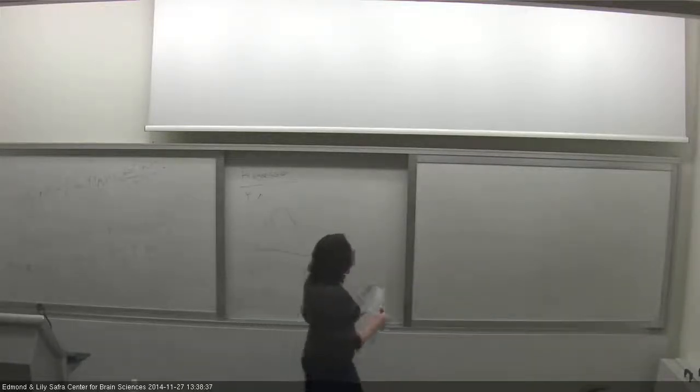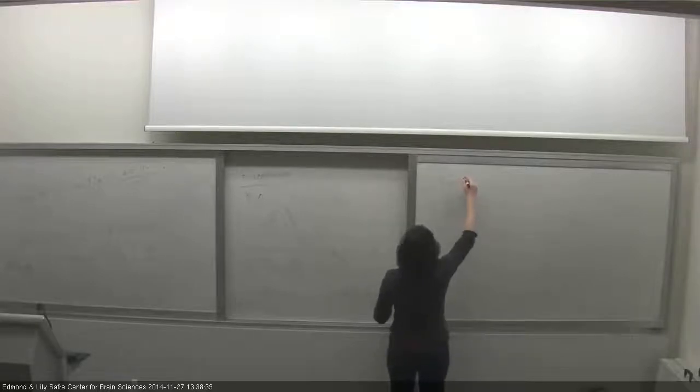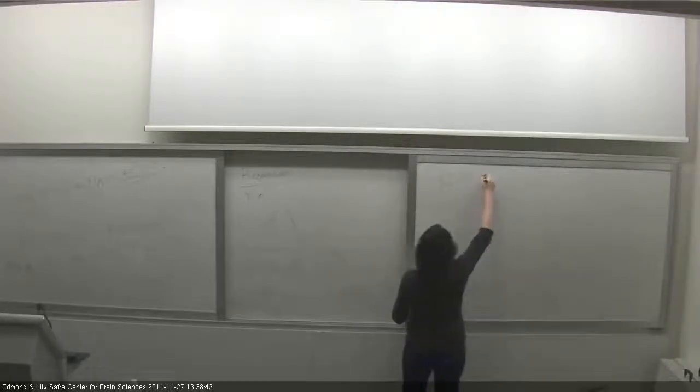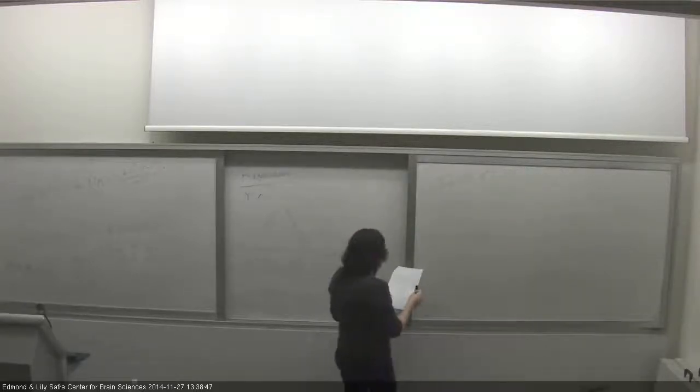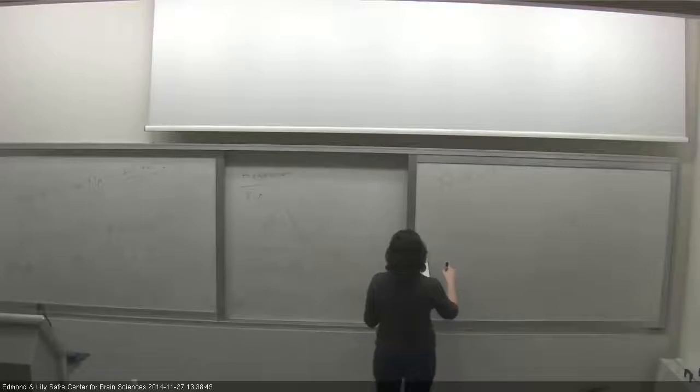Okay, so let's assume now that the noise is Gaussian noise with mean zero and some variance. Now let's say that we want to do the maximum likelihood.